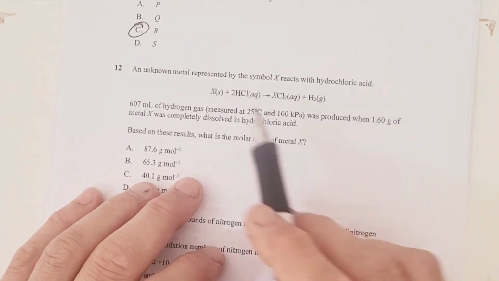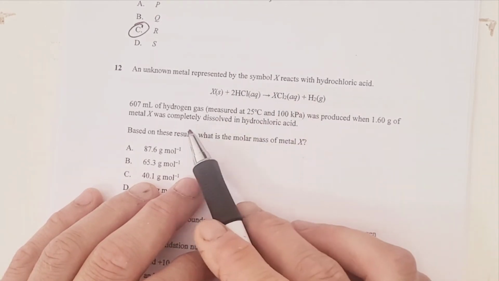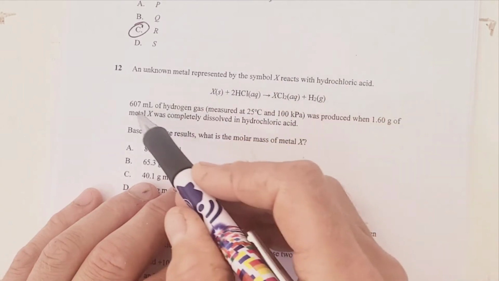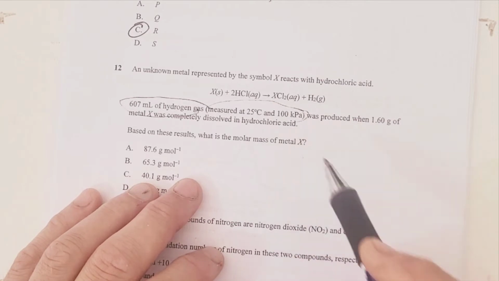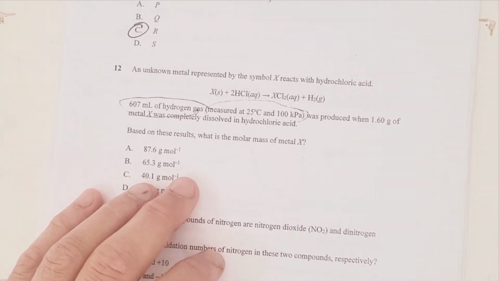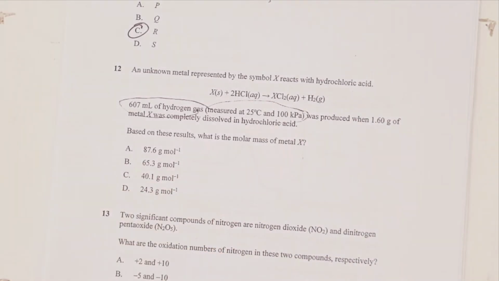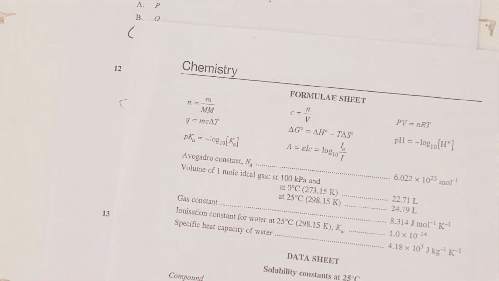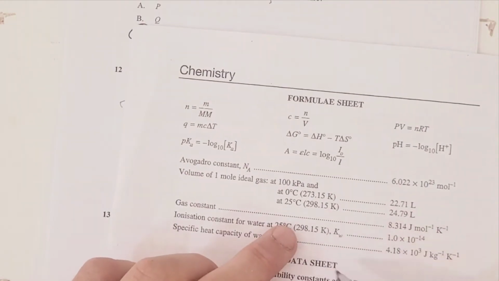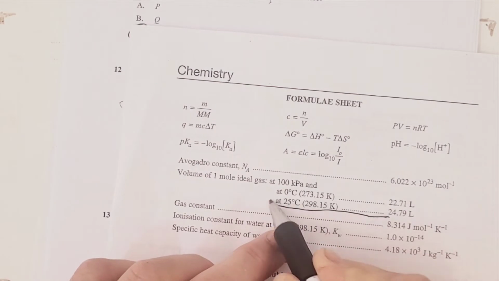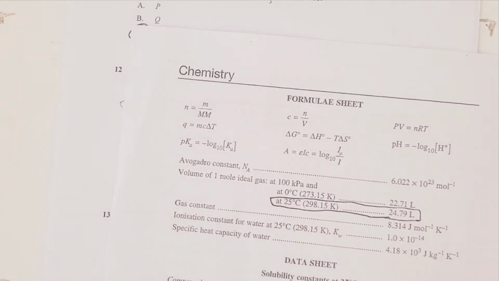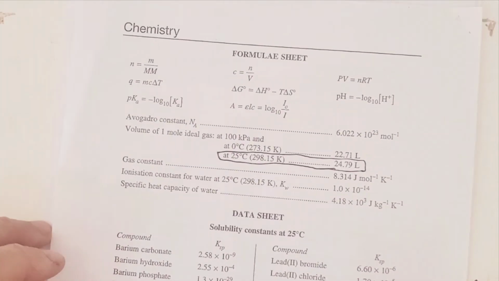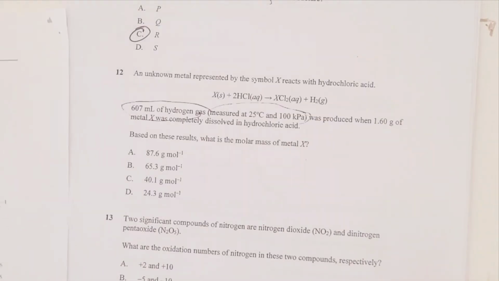All right, let's have a look here. Right, so here we've got a mystery substance. Well, straight away, we've got an amount of gas produced at a certain volume, pressure and temperature. So alarm bells should be ringing for this constant here. Okay, the volume of one mole of any gas at this temperature is 24.79. All right, so what do we do?